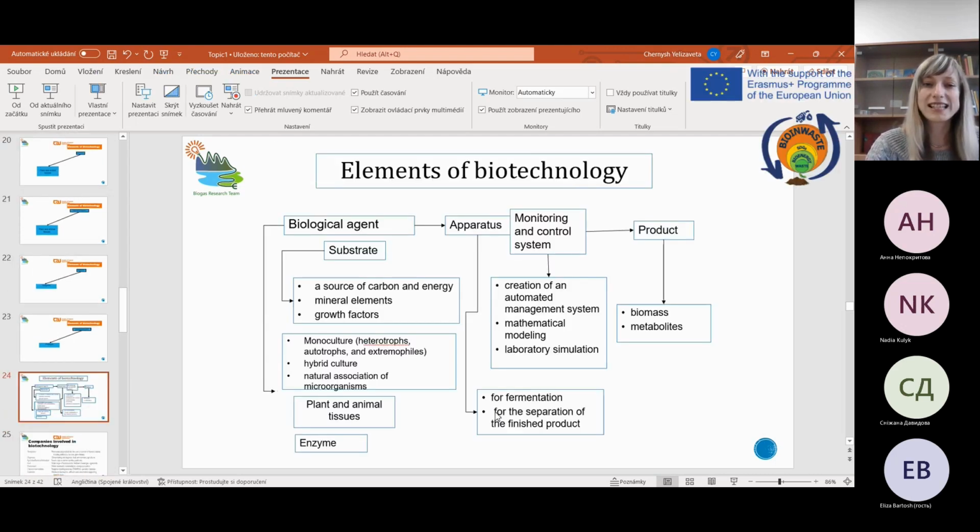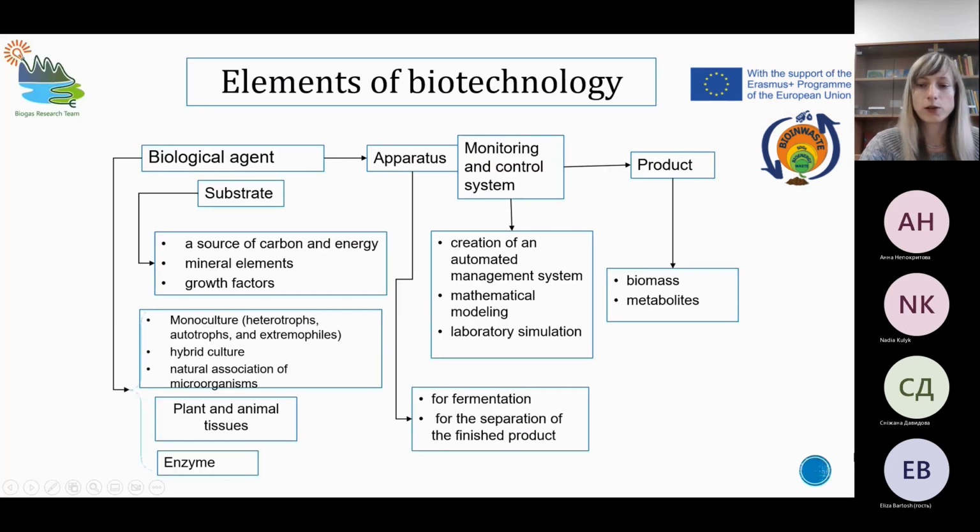In general, we see the whole scheme of biotechnology that involves all of the elements of biotechnology. You see how these elements are associated with each other.